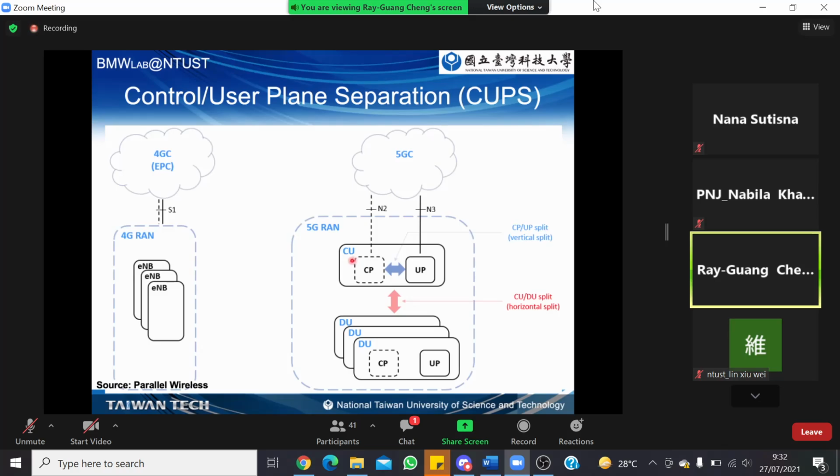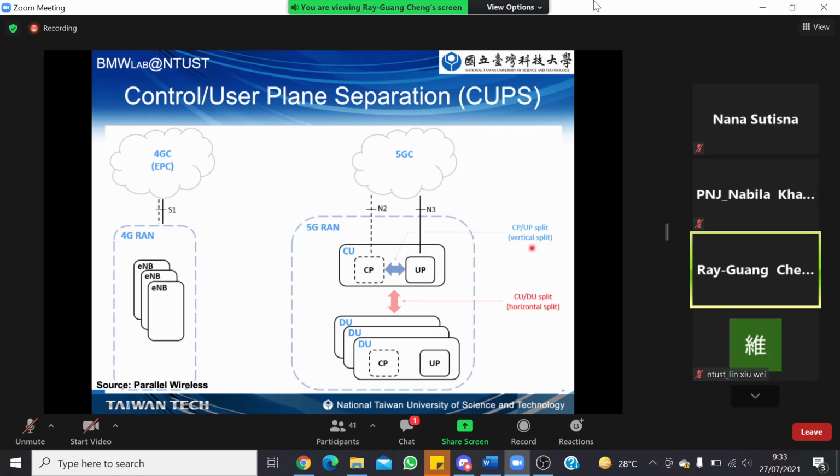So from 4G to 5G, first of all, let's define functional split for CU and the DU. They also define the functional split of CU into control plane and the user plane.